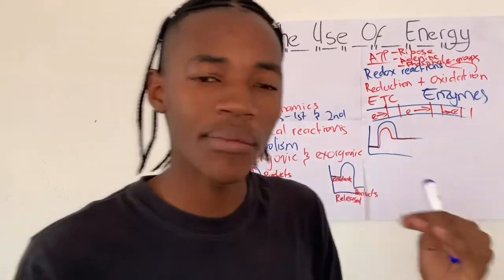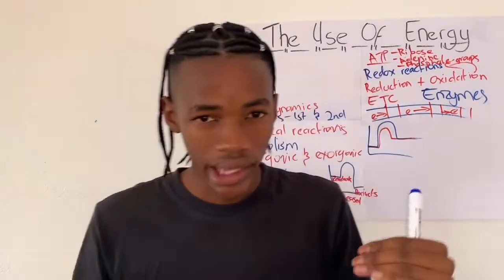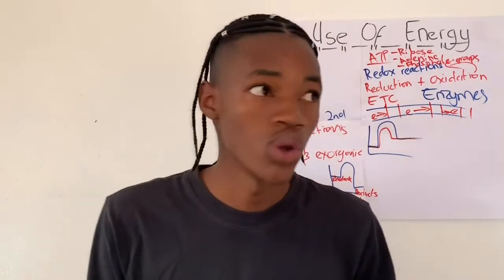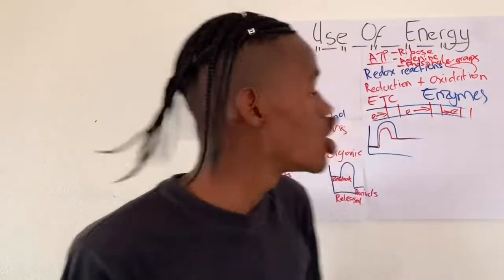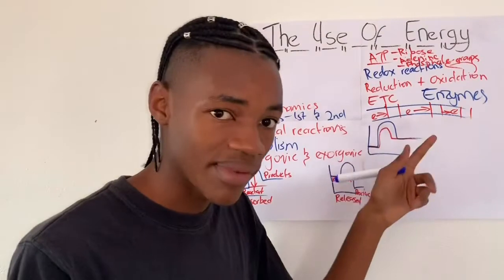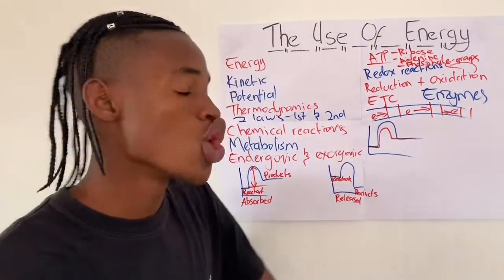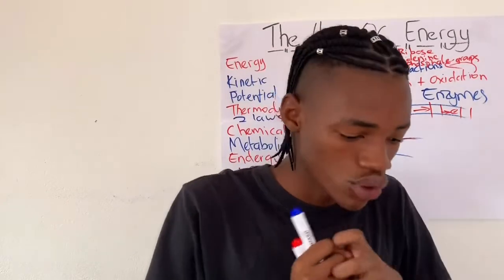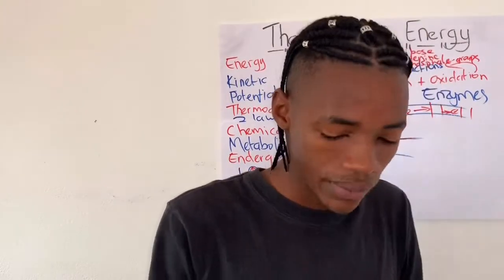It's like climbing a hill versus a mountain. It's going to be easier and faster to climb a hill, but it is going to be harder and slower to climb a mountain. So like this is the hill and that's the mountain. And the enzymes lower the activation energy so that reactions come together faster, okay?